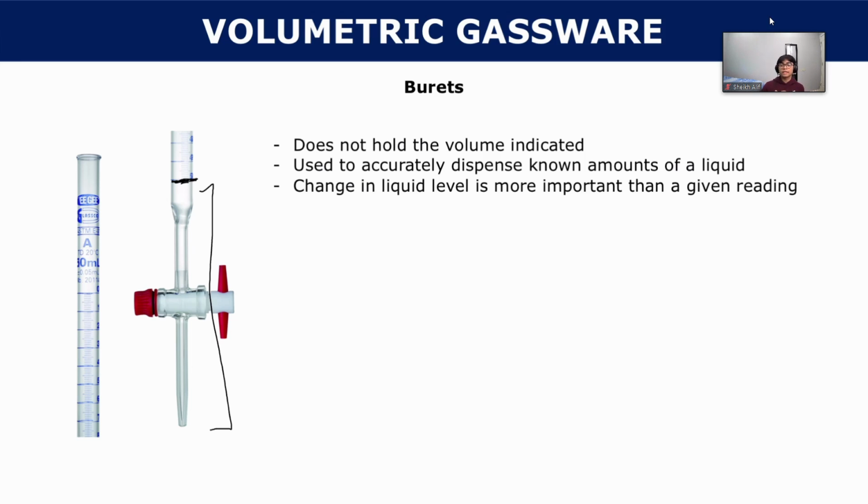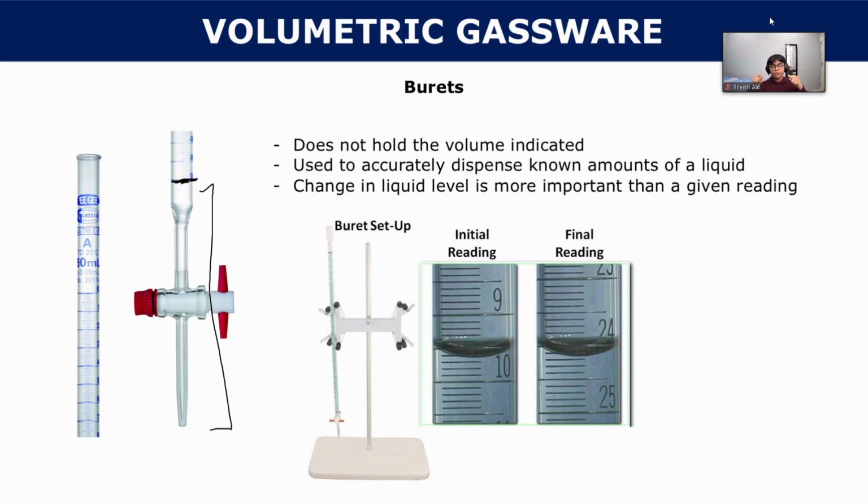They're used to accurately dispense a known amount of liquid. So really, we're caring about the change in liquid level rather than the actual reading. So in a buret, we're usually using it for a titration, and we'll look into what titrations are. But what you're looking for is the initial reading and the final reading, and you would subtract these values to find the amount of volume that has been dispensed.